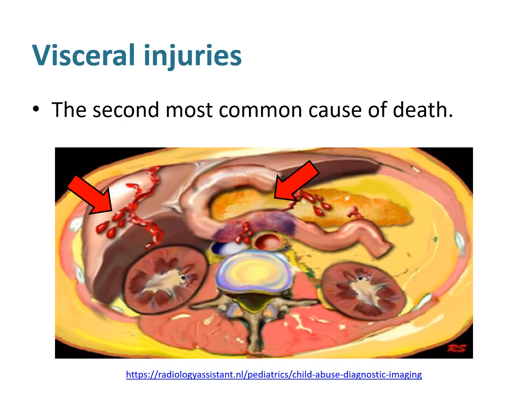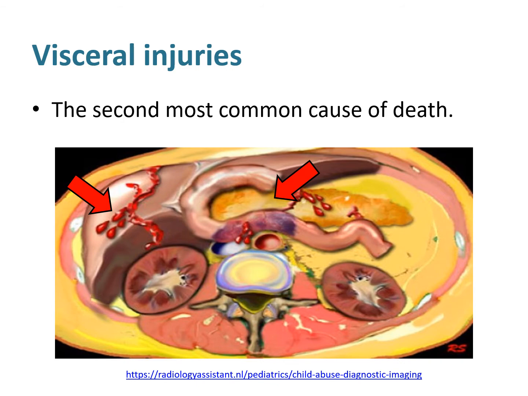If someone gives a child a blow in front of his abdomen, this may lead to injury inside the abdomen.